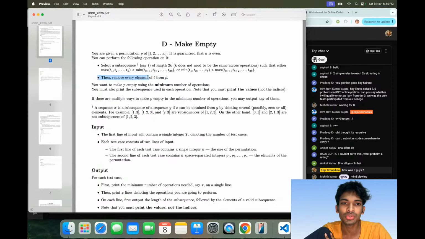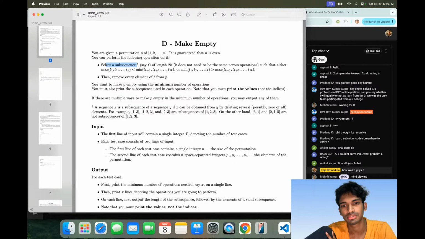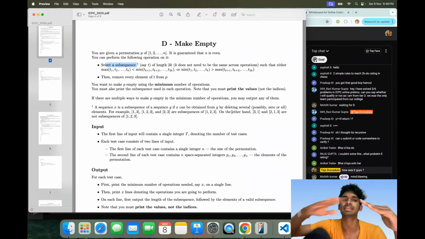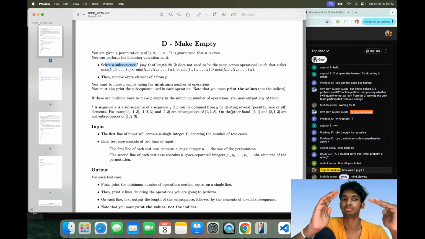Okay. What can we do? Okay, these are indices, are they? Subsequence. Okay, what is a subsequence? It's like a sequence of 2k numbers.